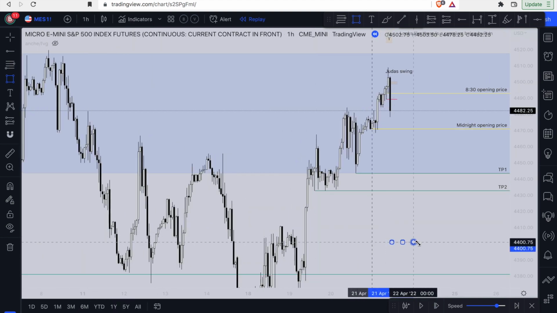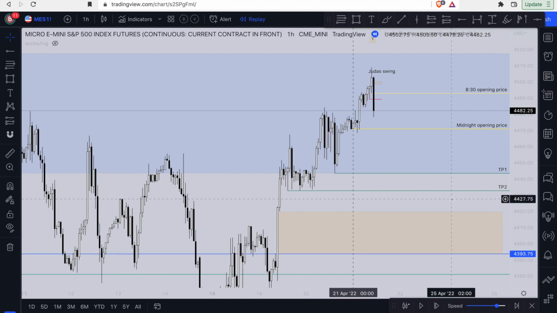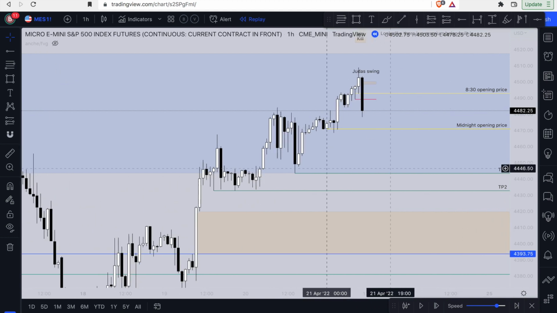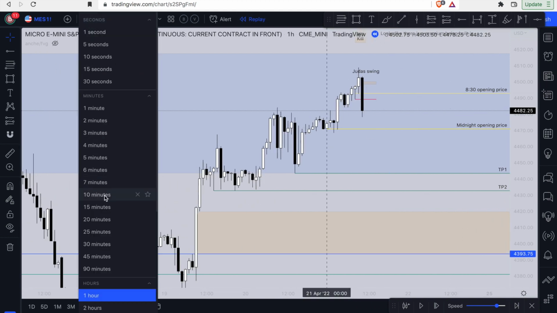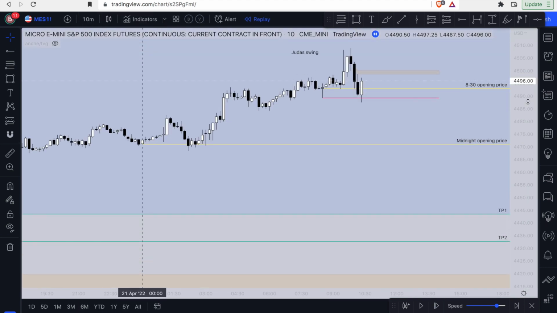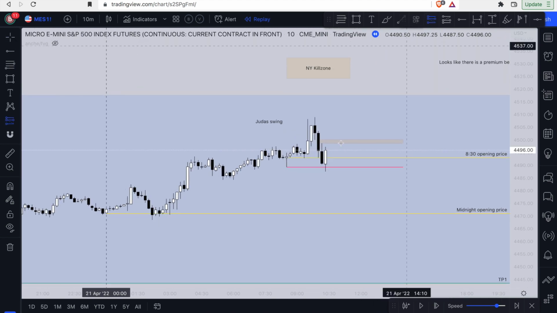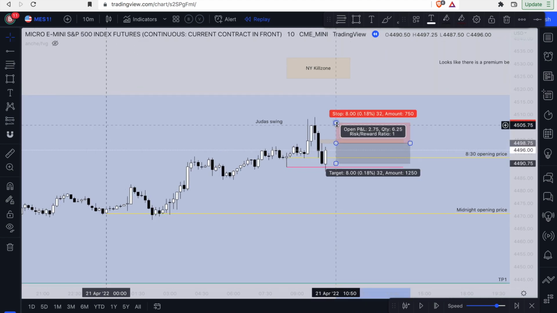So yeah, fair value gap. Now we can just set up our trade. So back to the lower time frame. Put my short tool.